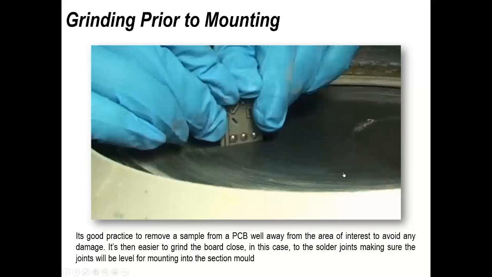So if you are going to grind through 4 or 5 millimeters of printed circuit board in an epoxy section, there's always the possibility that you're not going to be flat afterwards. If you get much closer to the sample, you haven't got to grind as far, so you're less likely to wander off at an angle. But again, it's your own experience, it's your own practice.